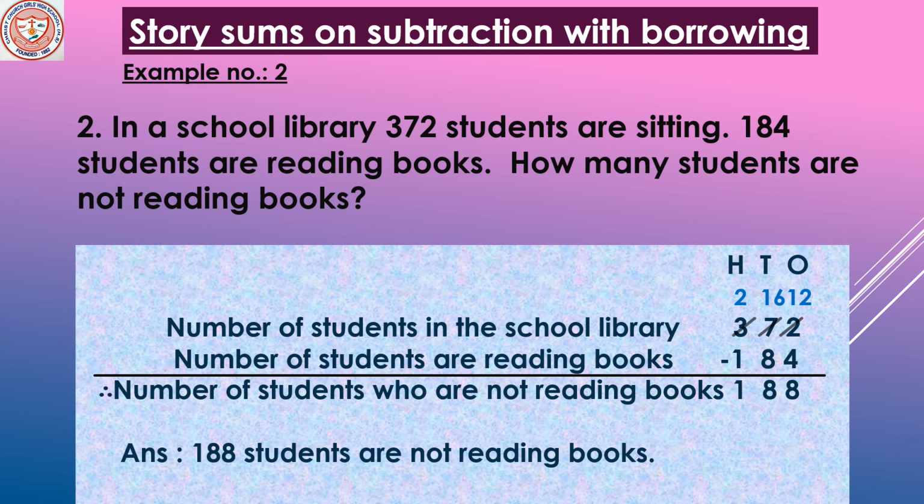How many students are not reading books? Example number 2. In a school library, 372 students are sitting. 184 students are reading books. How many students are not reading books?